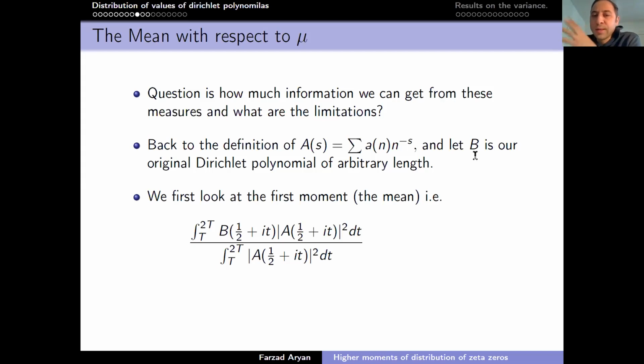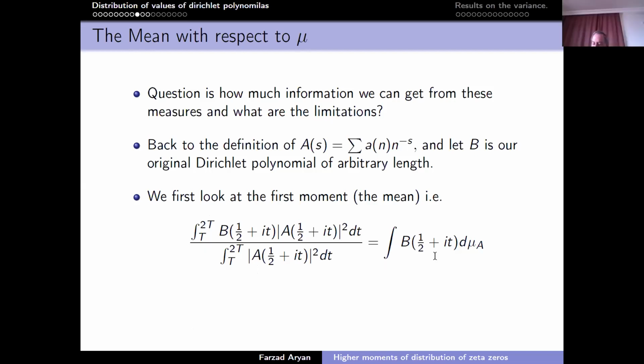There is no problem if the length of the Dirichlet polynomial A here is smaller than the length of the integral. So I can look at the mean of this arbitrary Dirichlet polynomial B if the length of A is smaller than T, which would be the length of the integral, the length of the area under consideration. That's the only if, which gives you tons of limitations.